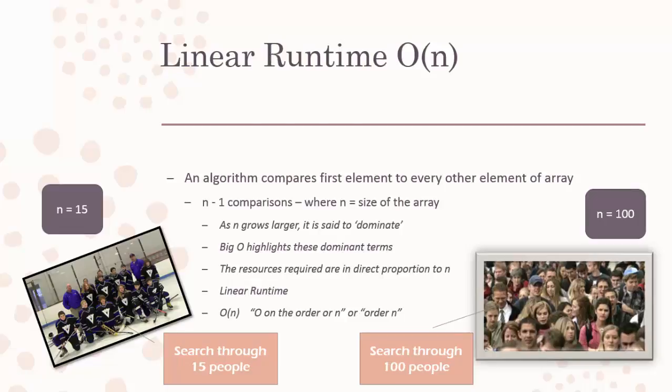So this makes our processing efficiency dependent upon the number, or n, that we're dealing with. As our n grows, it's said to dominate. So the more we are processing, the longer things are going to take. This is O on the order of n, or order n.